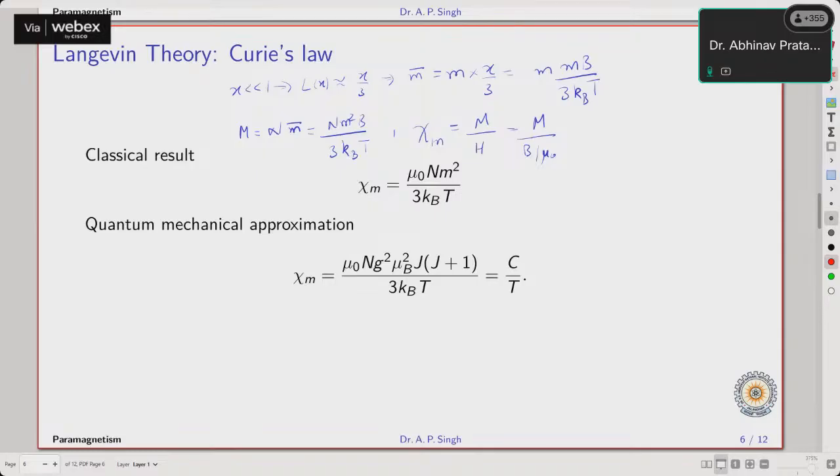And in this case you can see that what it is telling you is that everything else is some constant. The only variable that you have in your hand is temperature. So this is called the Curie law, and this Curie law says that chi m varies as 1 over T. That means if you look at the susceptibility chi m, then it will go down like this. So this is called Curie's law.